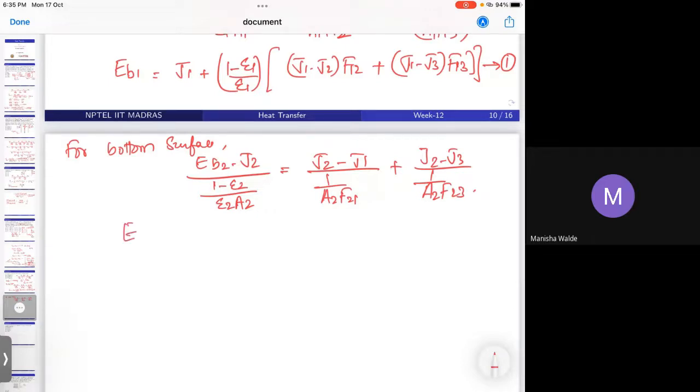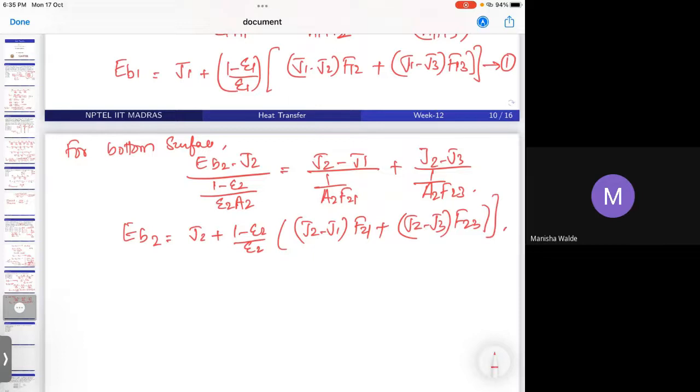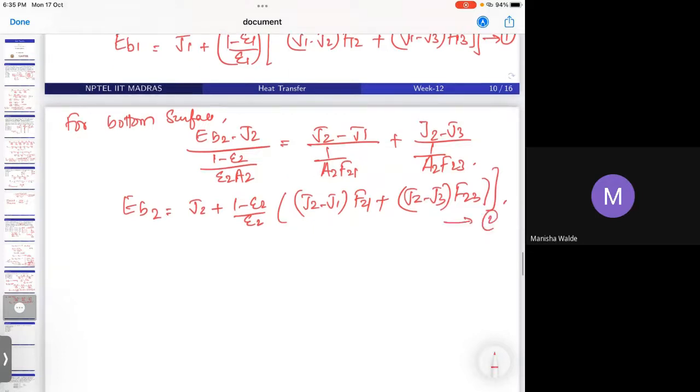So I'm taking A2 common and rearranging again like the first equation. This is equation number 2.